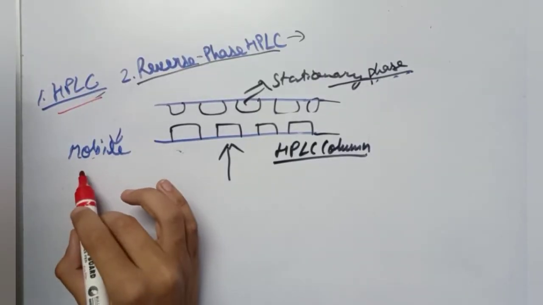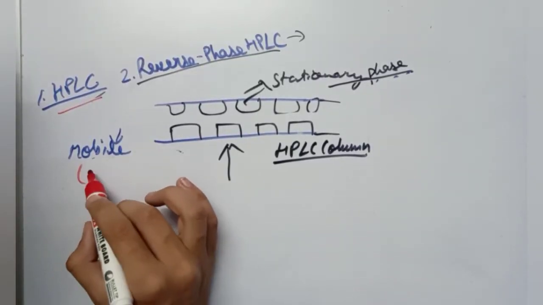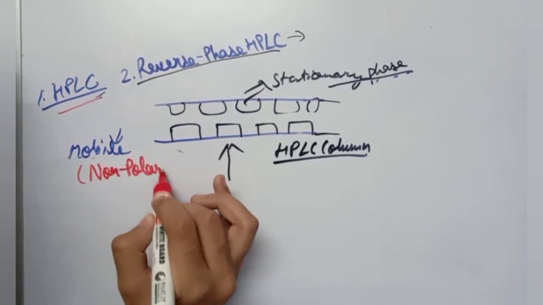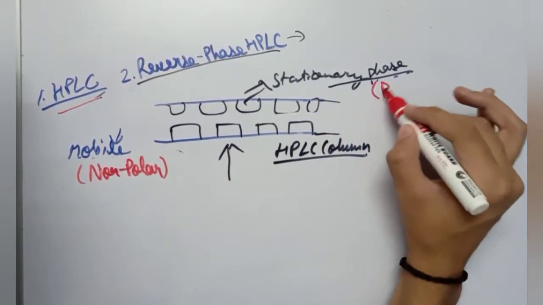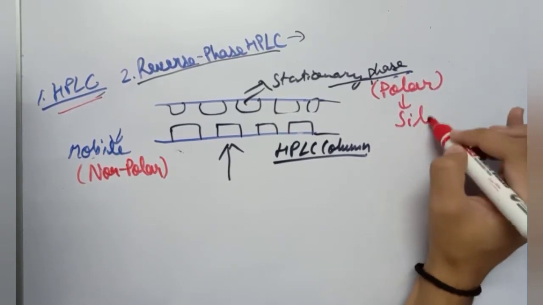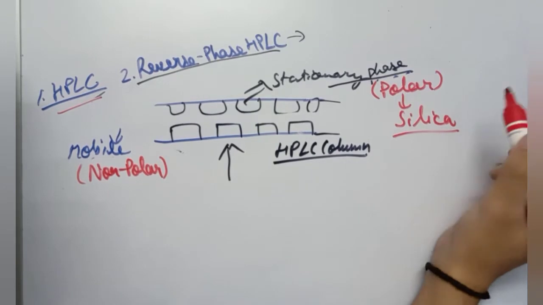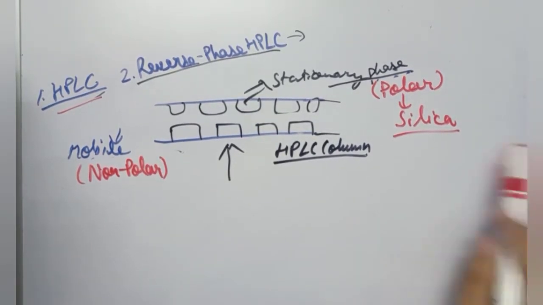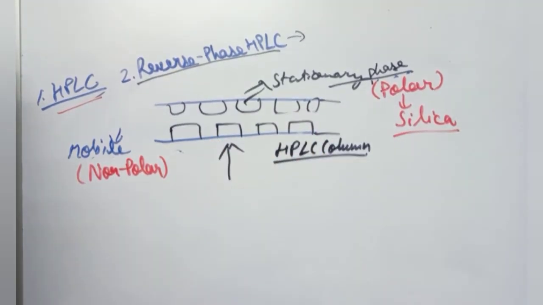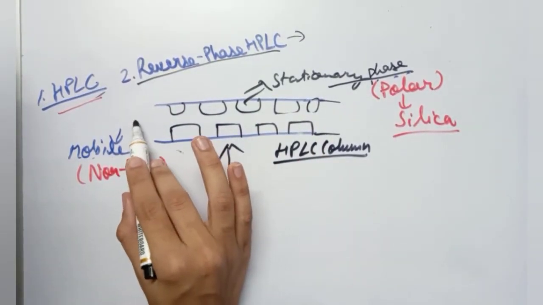So in HPLC, the mobile phase is non-polar and the stationary phase is polar. Silica is a polar substance, so silica beads are taken here, which are adsorbed on the HPLC column, and the mobile phase is carried through it.